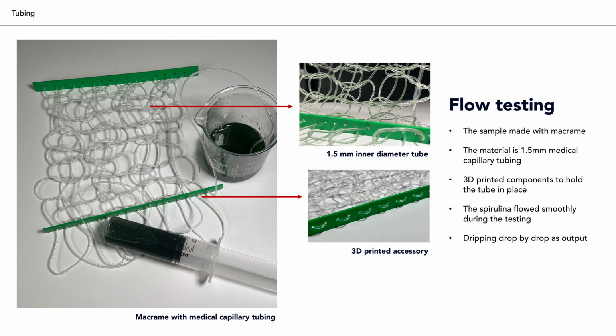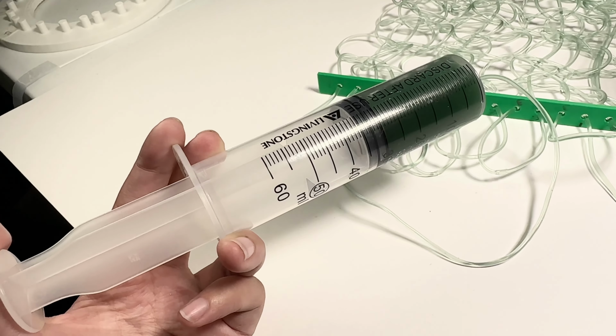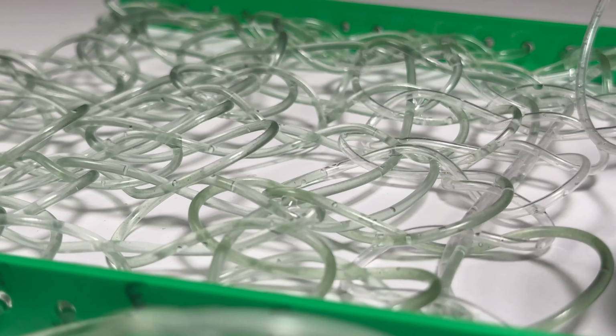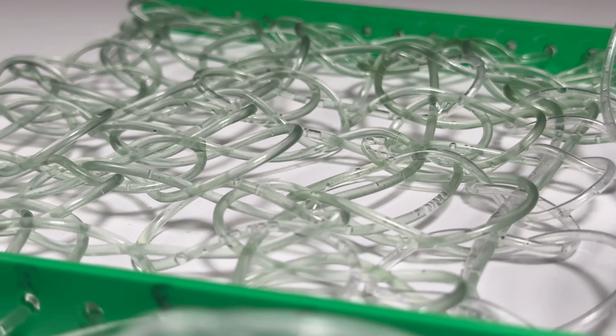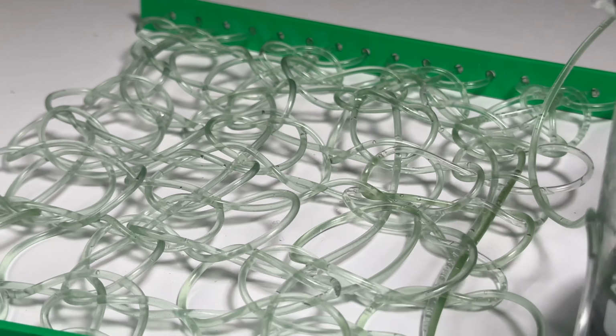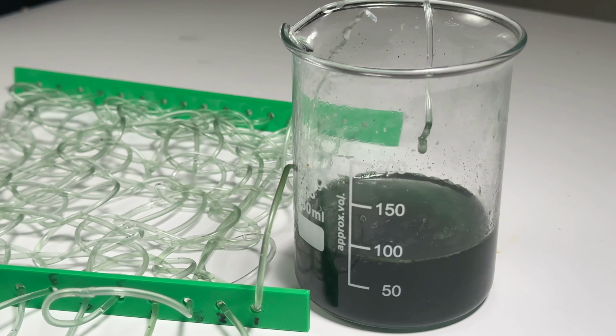By employing macrame to weave the tube and using the 3D printed accessory as the endpoints, I successfully held the tube in place, while the syringe was utilized as a tool to drive the liquid flow. This video shows the effect of the spirulina flow through the tube. During the testing, the spirulina flows smoothly through the tube, dripping drop by drop as the output.